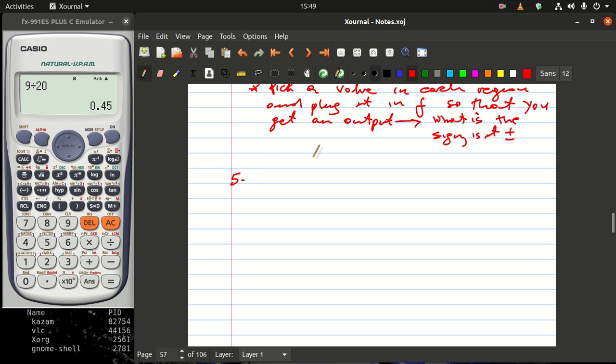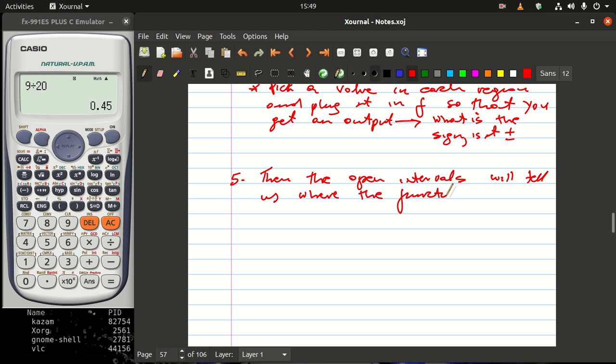Step number 5 is saying that the open intervals will tell us where the function is increasing and where the function is decreasing.